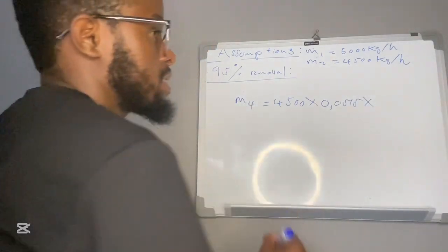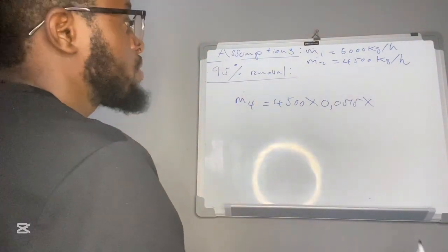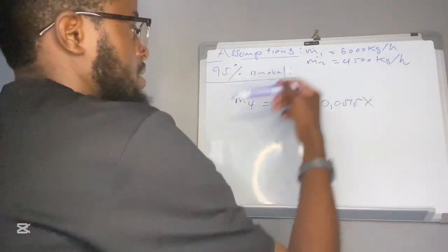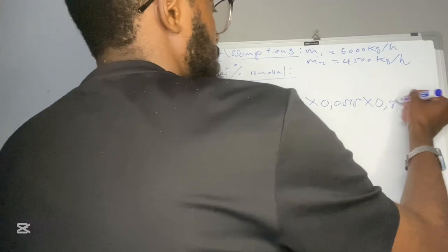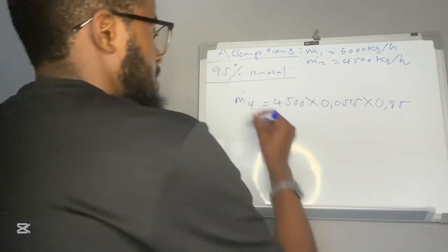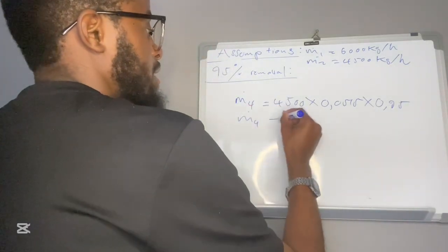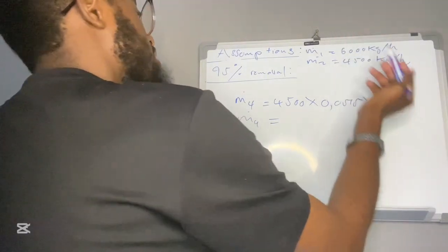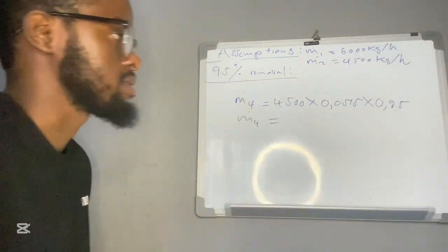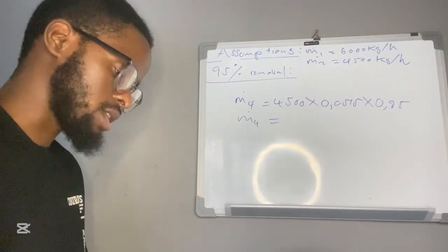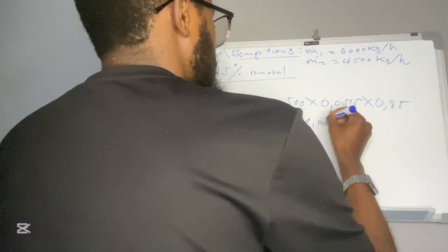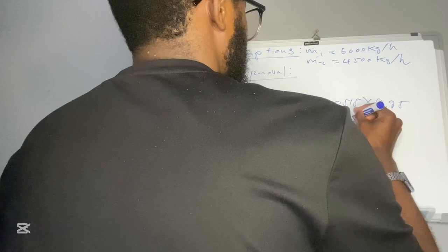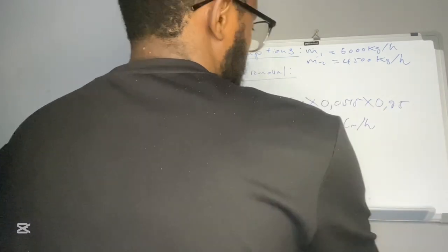At what percentage did it react? There's only the 95% removal, at 0.95. So now we're going to find the amount of M4. You type this on your calculator and you find that 220.16 kilograms of chromium exited the transfer unit.